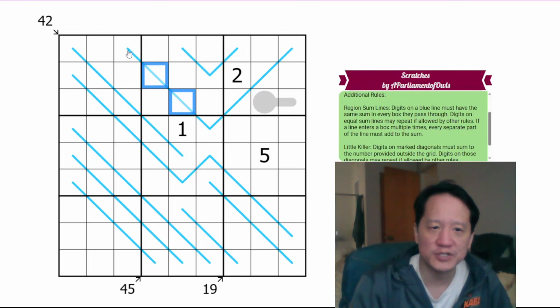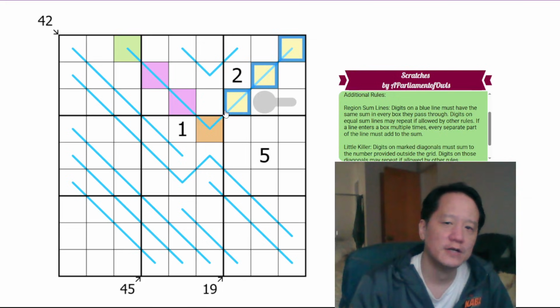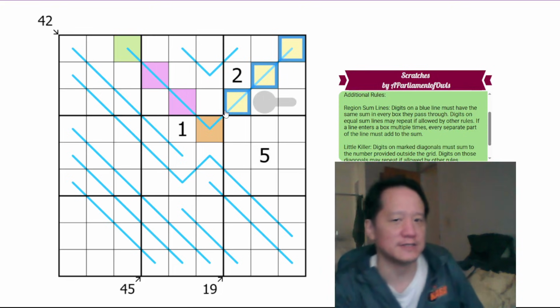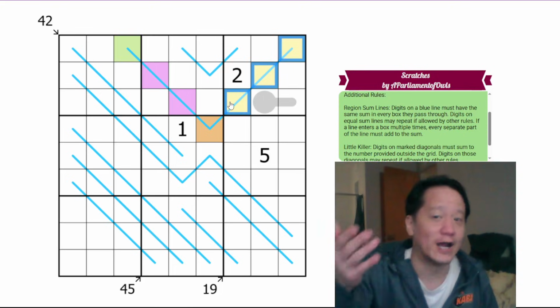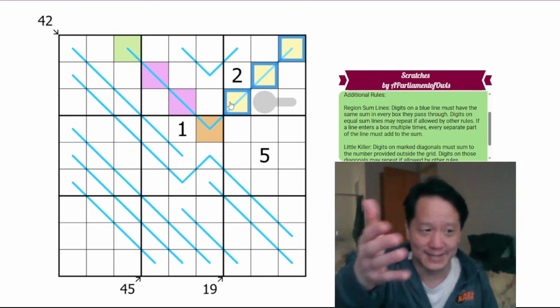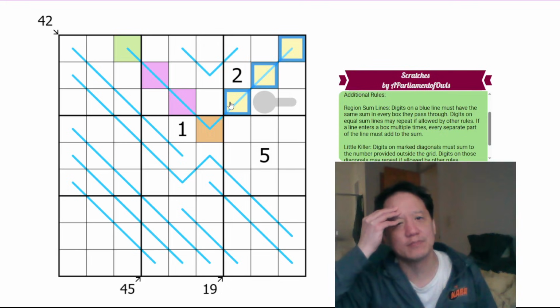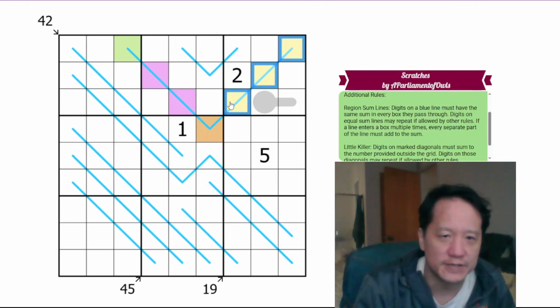So this segment must equal the same sum as this segment, which must equal the same sum as this segment. It's a more concise way of putting it, but the way the setter states it is perfectly fine.